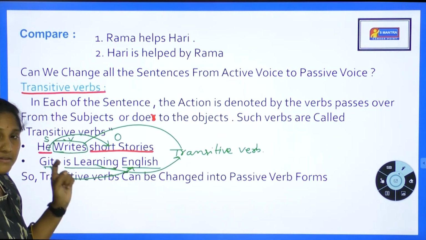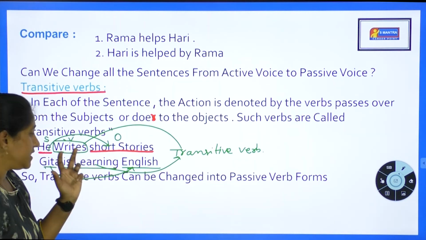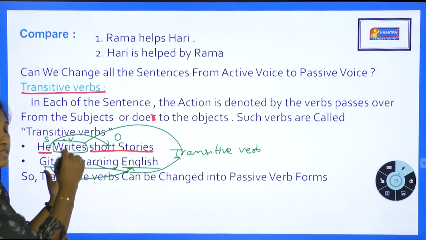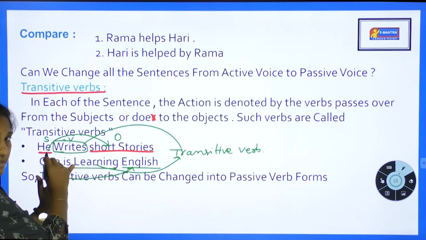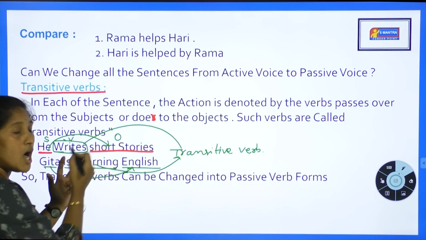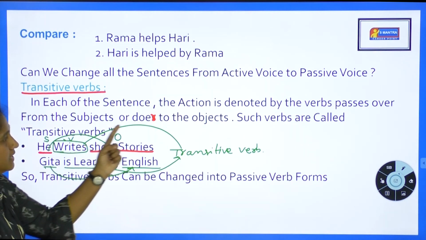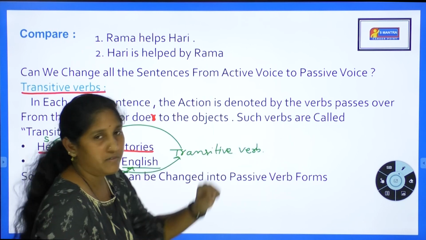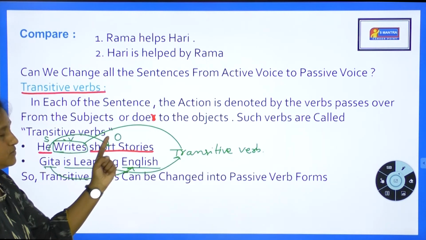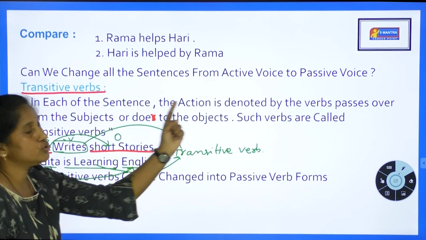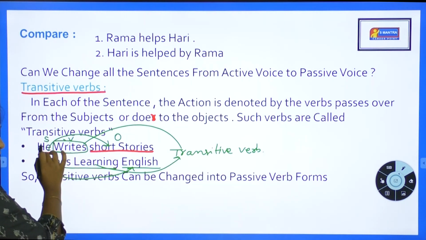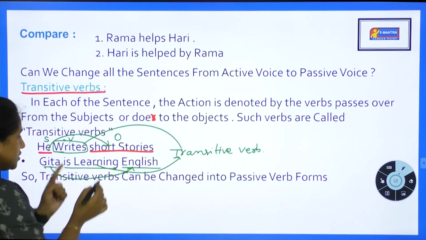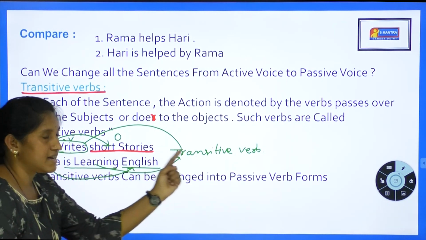Writes is the verb. With the help of the verb, the subject passes the action to the object. Here the action denoted by the verb passes over from the subject or the doer to the object. So these verbs are called transitive verbs.